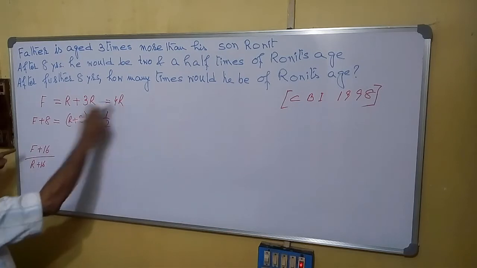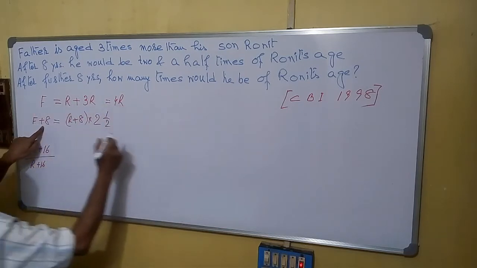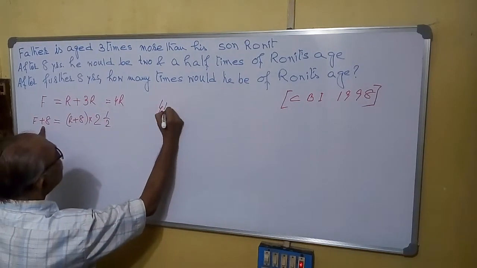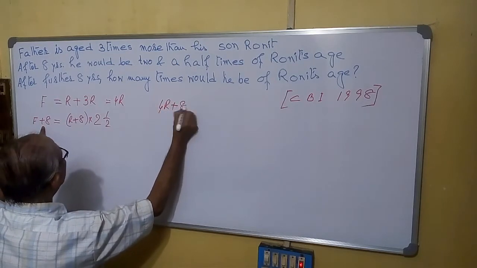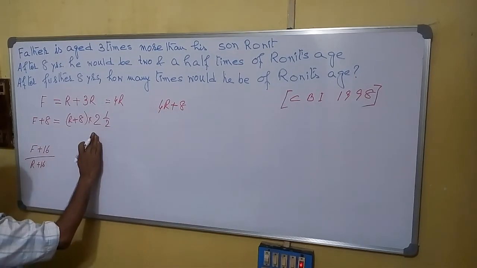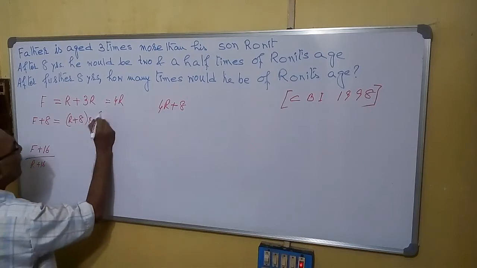Father equals, if we put F equals 4R, so what can we write? 4R plus 8, and this 2 and a half we can make it 5 by 2.